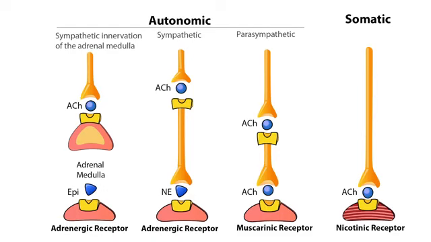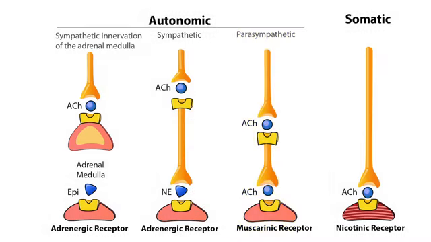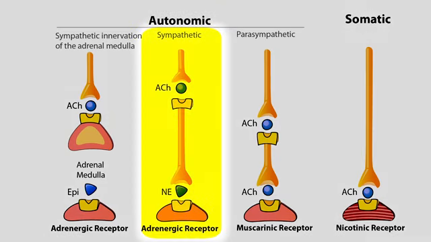Now recall when we spoke about the parasympathetic nervous system, we had a very long preganglionic neuron that ended at the ganglion very close to the effector organ. Acetylcholine would stimulate the nicotinic receptor at the ganglion, and then again acetylcholine would stimulate the muscarinic receptor on the effector organ. Well, this changes considerably in the sympathetic nervous system.